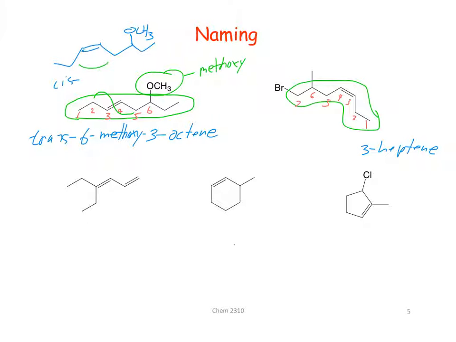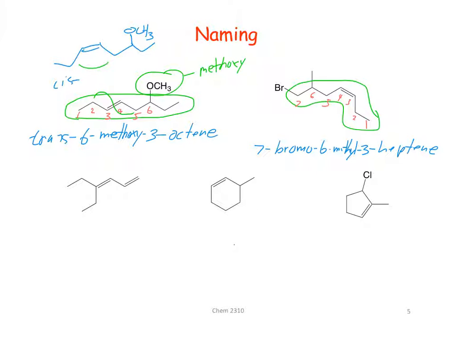So we've got a 7-bromo, 6-methyl-3-heptene. Notice that we're numbering, even though the alkene is at 3, and if we number it from the other way, the bromo would be at 1, we give that alkene the priority.